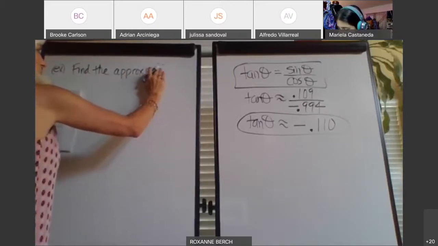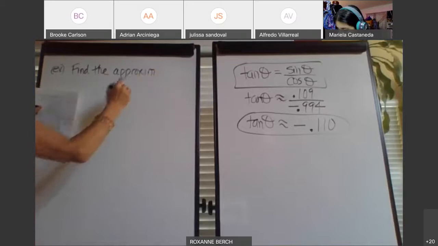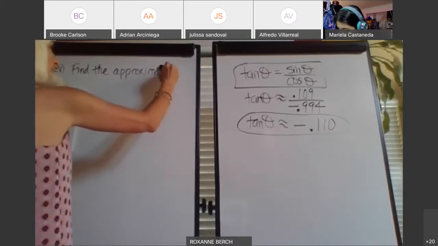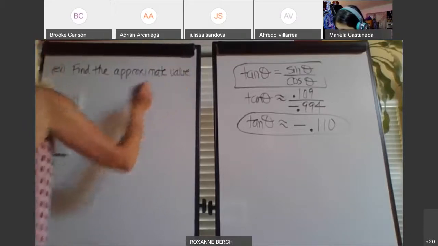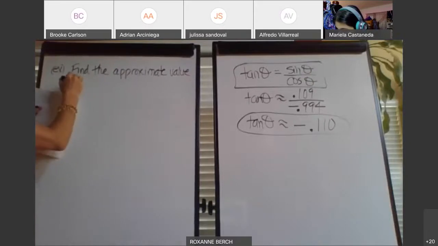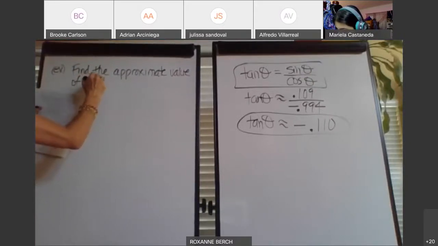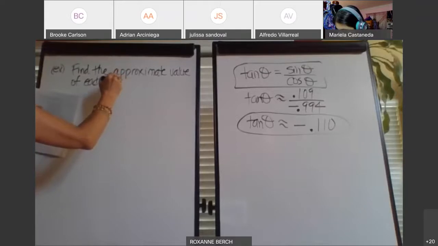So here we go with the word approximate, which means you're using a calculator. Find the approximate value of each trig function.